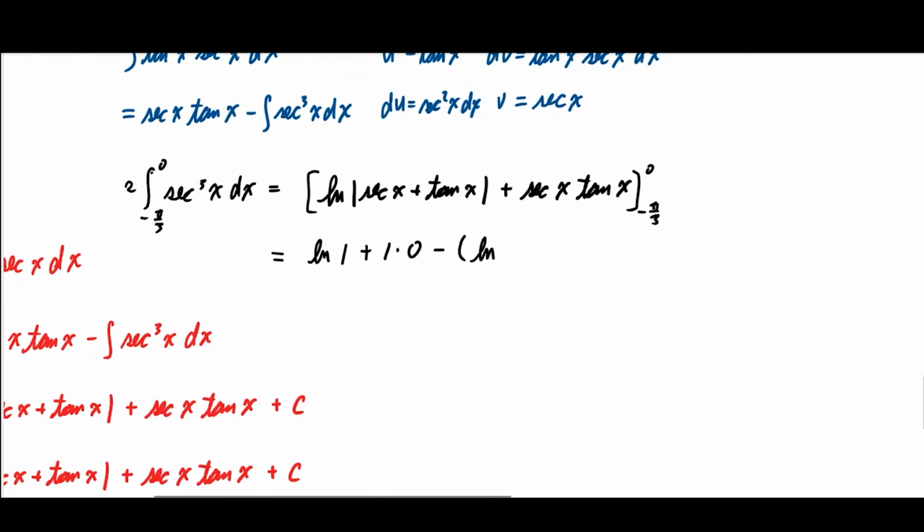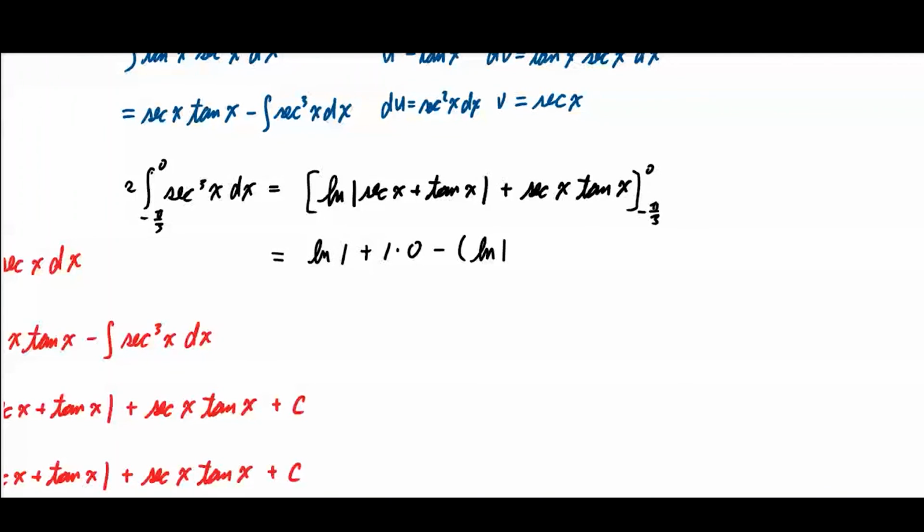What is secant of negative pi over 3? Come on, people, trick. You want me to draw the triangle for you? Come on. Pull it together. What is secant of negative pi over 3? 2. Thank you. Positive 2, right?